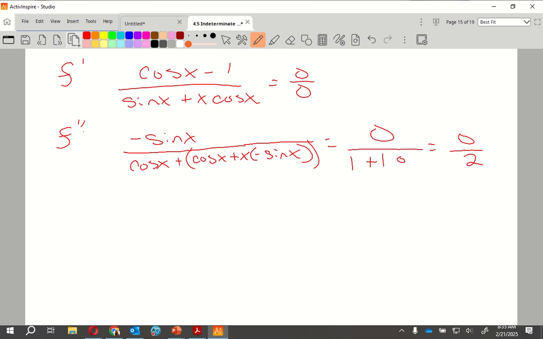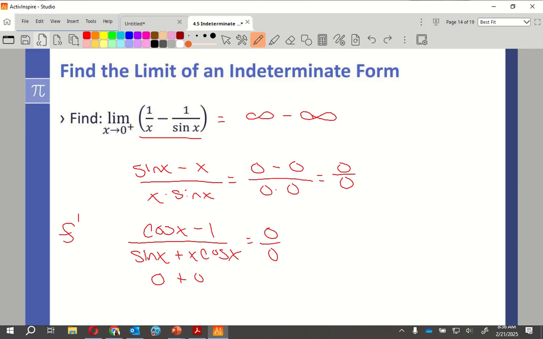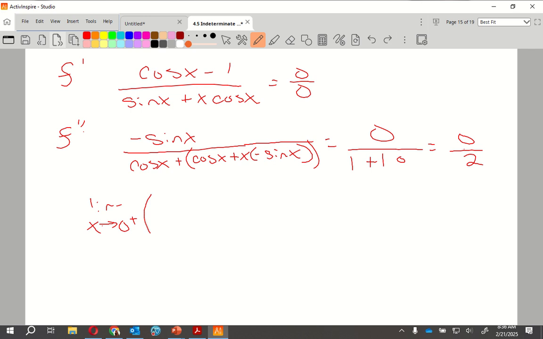Okay, so that means that the limit as x approaches 0 from the right is going to be, so back to that problem, 1 over x is 0. And that one I had to take the second derivative of the indeterminate.